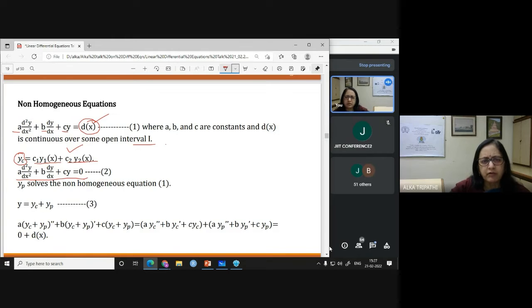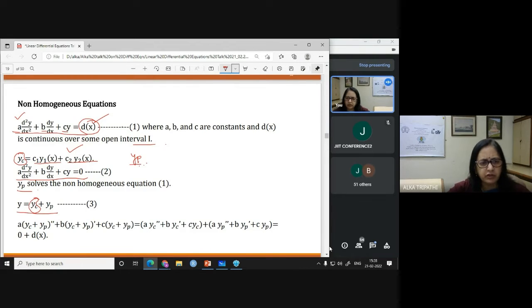And suppose yp is a solution of equation 1, or you can say when we substitute yp in this equation, it satisfies. Then in that case, we say that the general solution of equation 1 is yc plus yp, because yc will take care of the arbitrary constants.